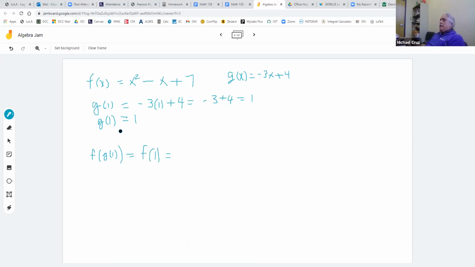We go up there and put in 1 in place of x, and it's just 1 minus 1 plus 7. So f of g of 1 is equal to 7. There are the two answers they wanted.